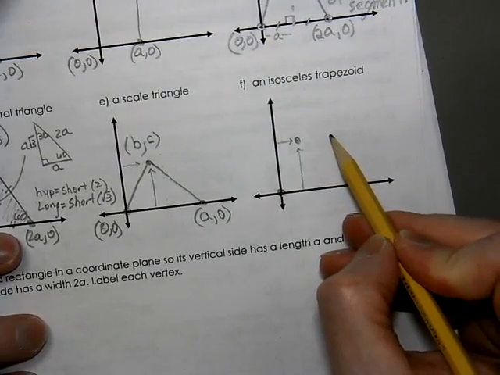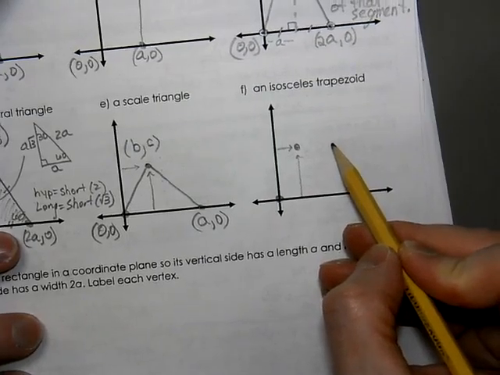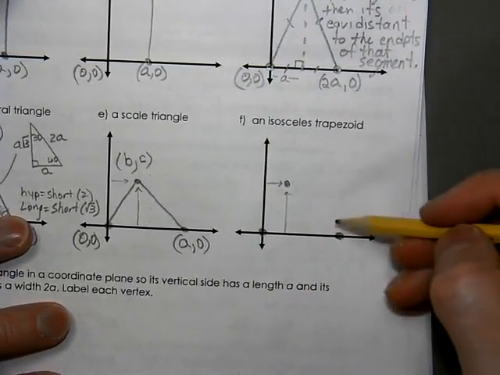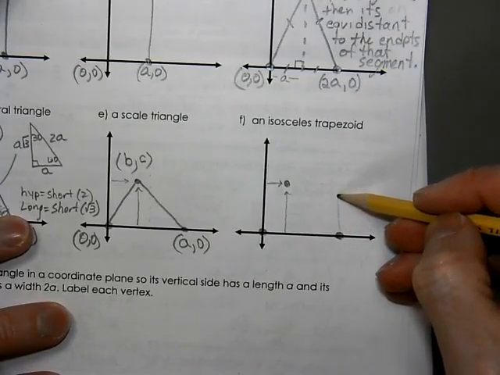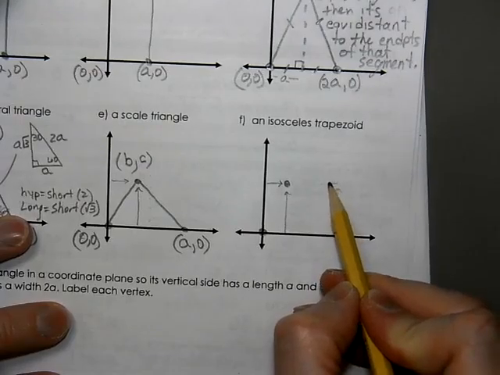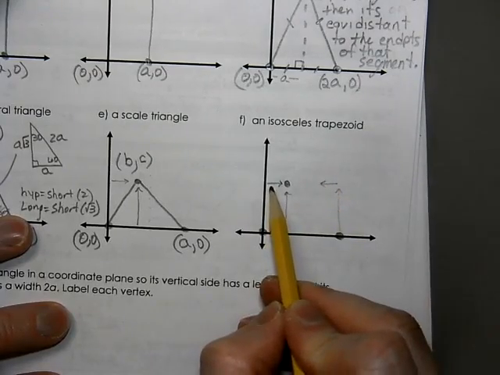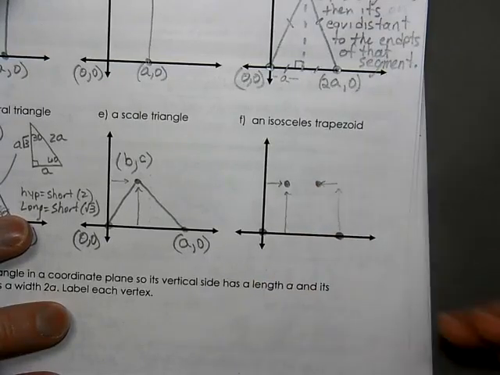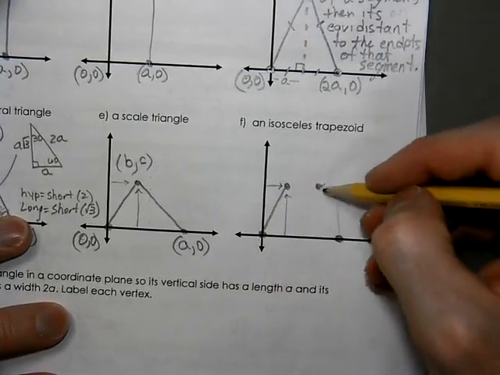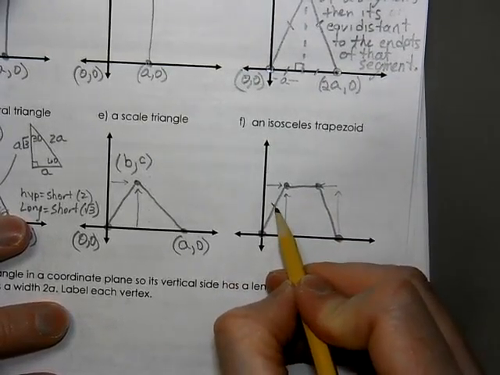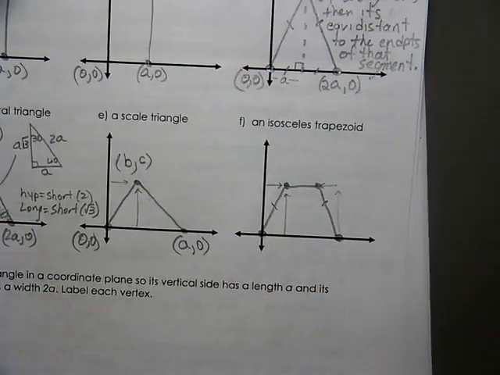But when we pick this location, the next point, the final point, it has to be up the same amount as this one, and then it has to go over the same amount as that one. That would give us two legs that are the same length.